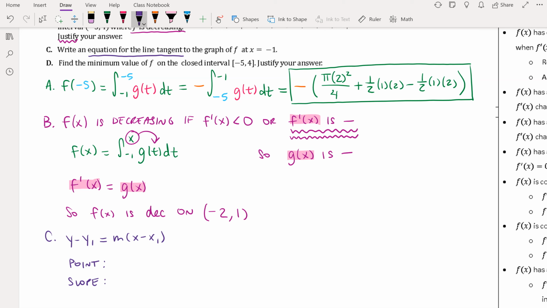Okay, these are the things we need to actually do part C. So now let's keep reading. Write the equation of the line for the line tangent to the graph of f at x equals negative 1. Okay, so it wants us to write the equation for the line tangent to f. So that's our green function at x equals negative 1. So to find our point, we're going to have to find f of negative 1.